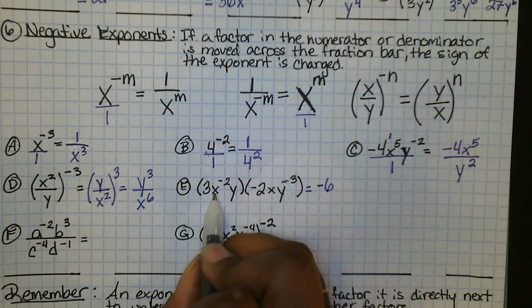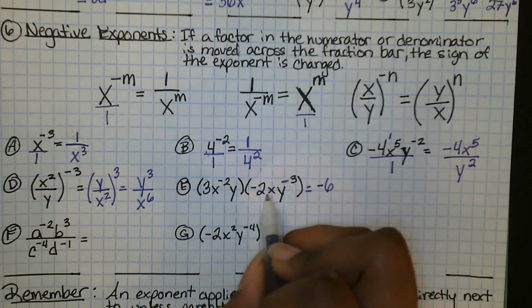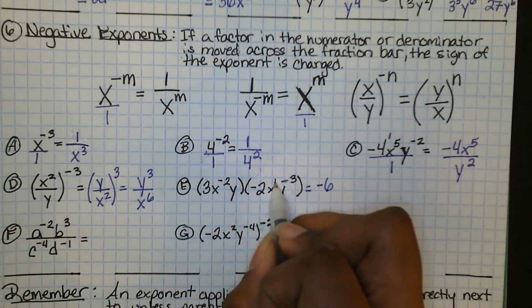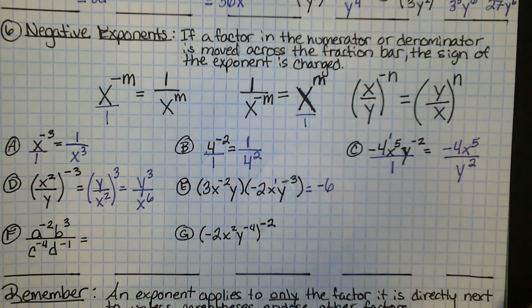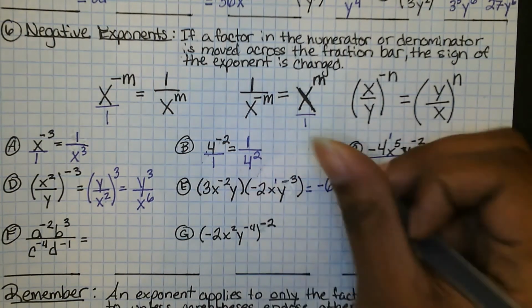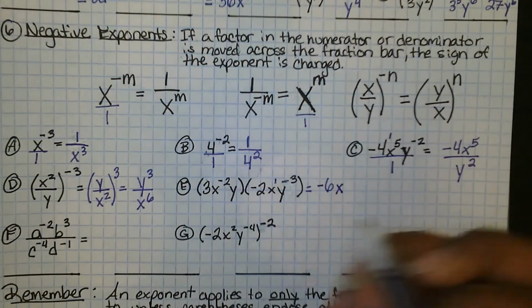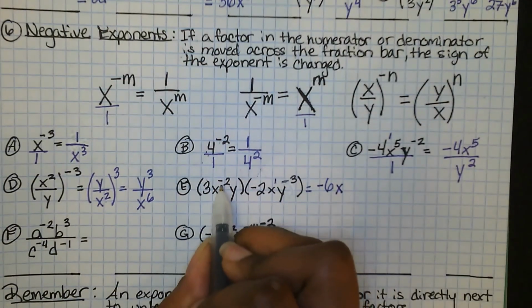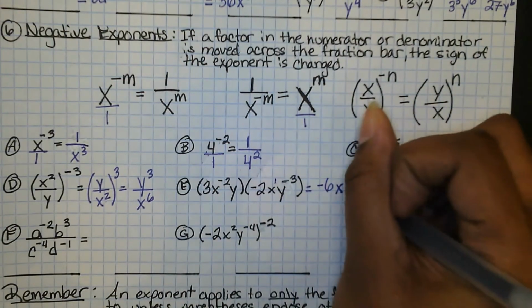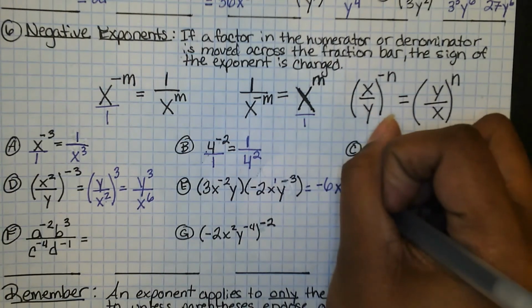Then we have x raised to the negative 2 power in this parentheses, and x to the 1st power. Remember back to the first rule that we talked about in this video. When you're multiplying bases, you add their exponents. So we keep the x, but on the x is going to be negative 2 plus 1, which leaves us with a negative 1.